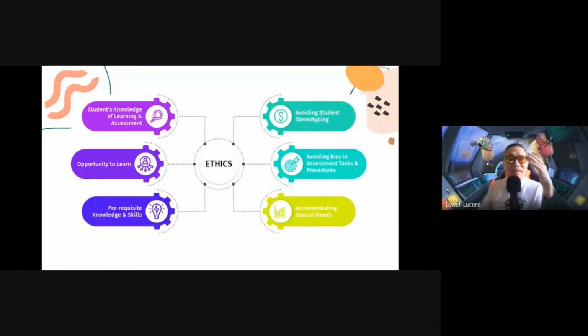Not all students have the same learning styles. I could remember when I was teaching in elementary school, may isang teacher, no? Di ba, sa classroom meron tayong standards of reading, silent reading. I don't know if you remember that one doon sa front chalkboard, meron tayong poster doon, standards for silent reading, standards for oral reading.